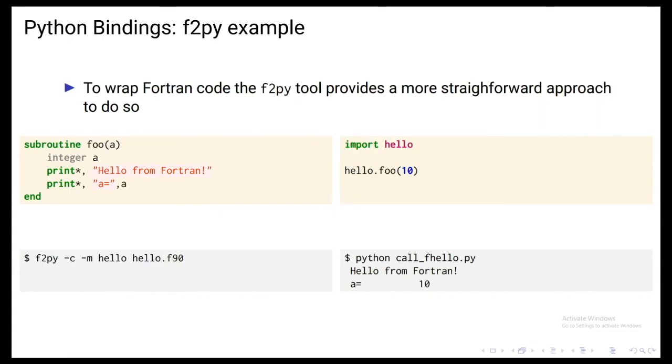So F2Py allows me to compile Fortran code and wrap it and provide me the compiled module, with an interface that I can call from Python code. So here there's a minimal kind of hello world showing this.